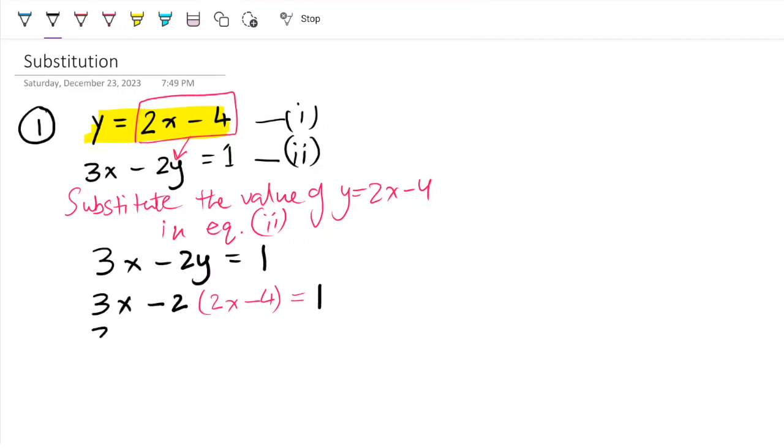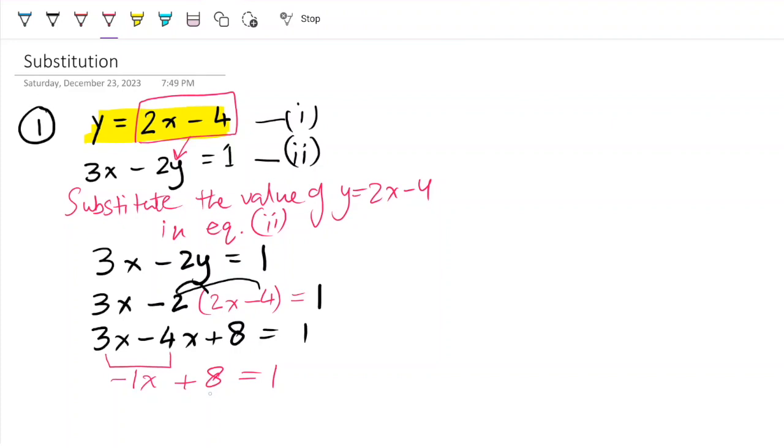Let's solve it. 3x minus 2 multiply 2x is going to be minus 4x, minus 2 multiplying minus 4 is going to be plus 8, is equal to 1. Simplify it now. So 3x minus 4x is going to give us minus 1x plus 8 is equal to 1.